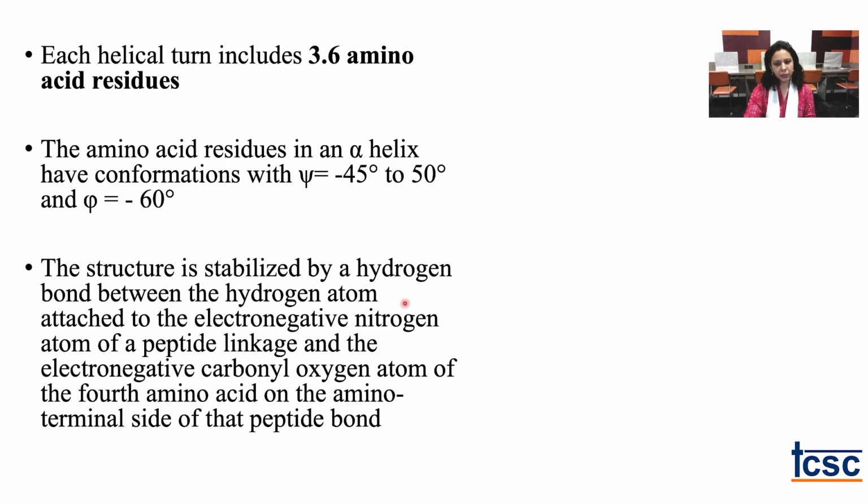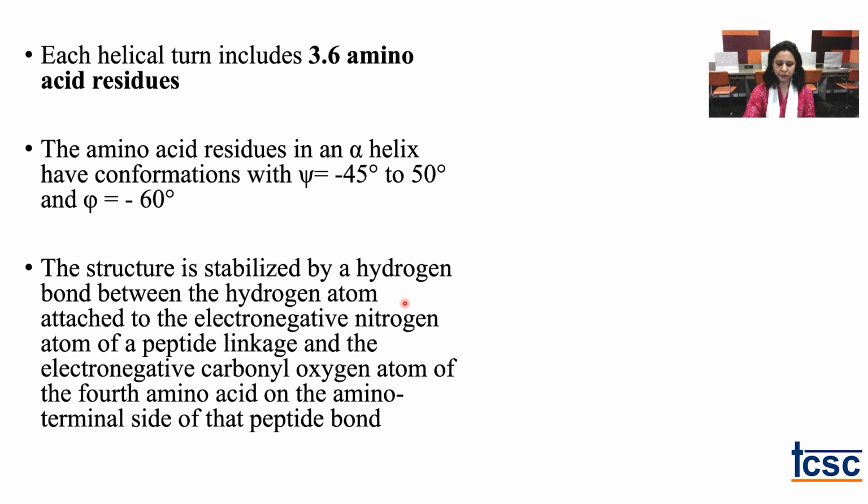If we consider the first amino acid as I, then I plus 4 would be the fifth amino acid, and these two would be linked through a hydrogen bond. Similarly, the second and the sixth would be linked through a hydrogen bond, the third and the seventh would be linked through a hydrogen bond, and so on and so forth.